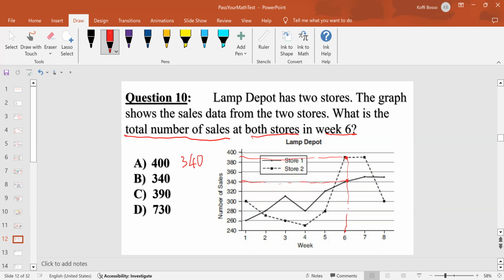Here we are between 380 and 400, so that means we're going to be 390, because from 380 to 400 we have 20 sales. Divide by 2 gives you 10, and that 10 added to 380 gives you 390. Now if you add all of this, you get 730. So the correct choice is D.